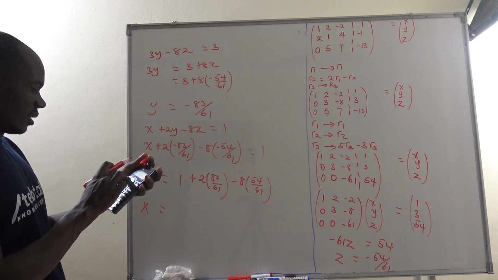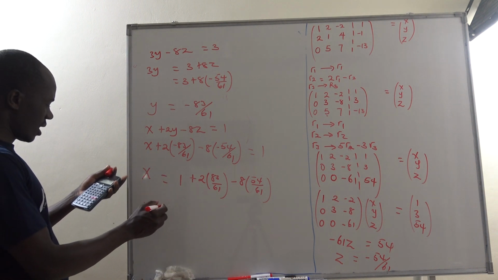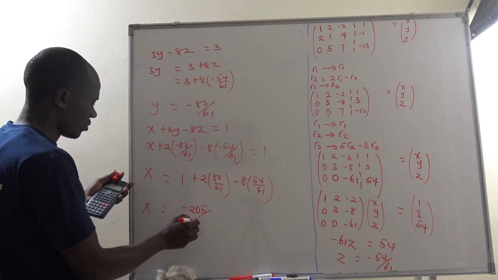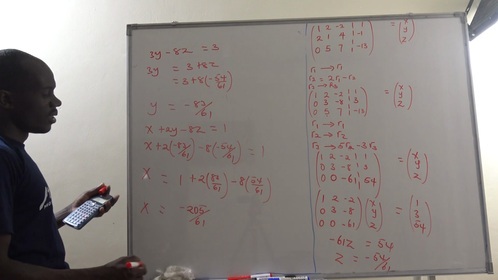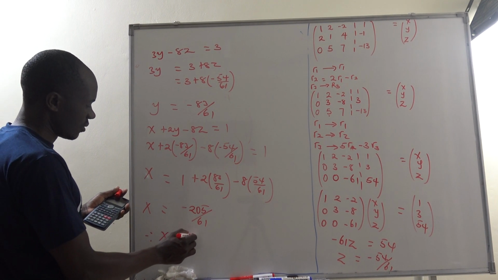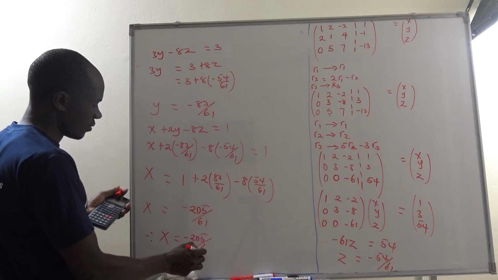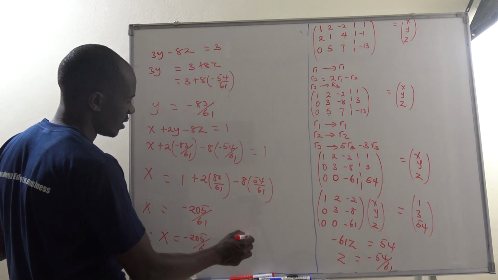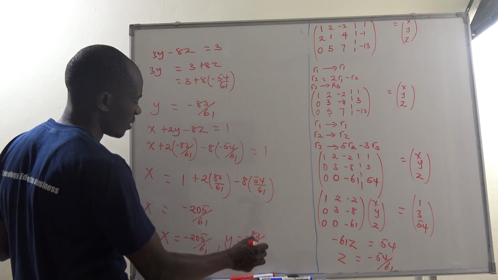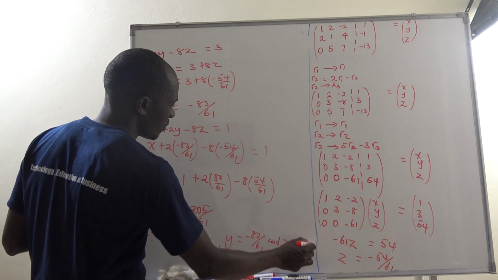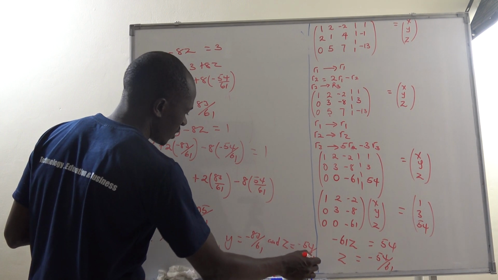So we are getting our x as negative 205 out of 61. Then you are free to conclude and say therefore x equals negative 205 out of 61, comma, y equals negative 83 out of 61, and z equals negative 54 out of 61.